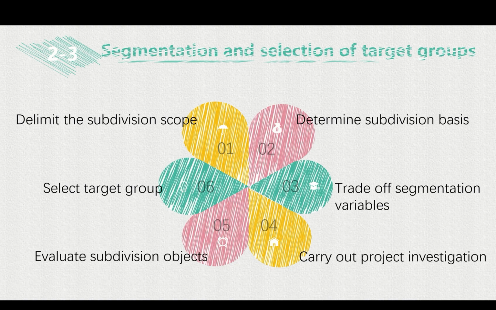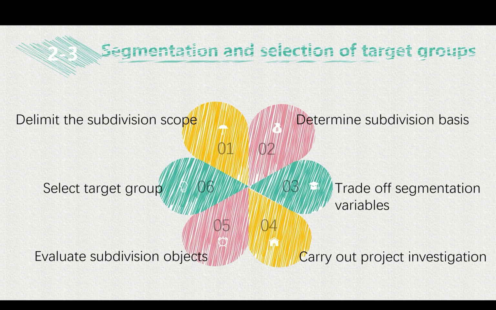Finally, select target group. Through the analysis and evaluation, it may be found that there is often more than one target group suitable for intervention, but the resources and service capacity of charitable organizations are limited.